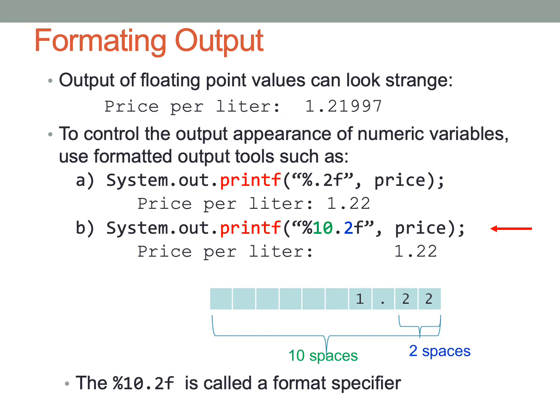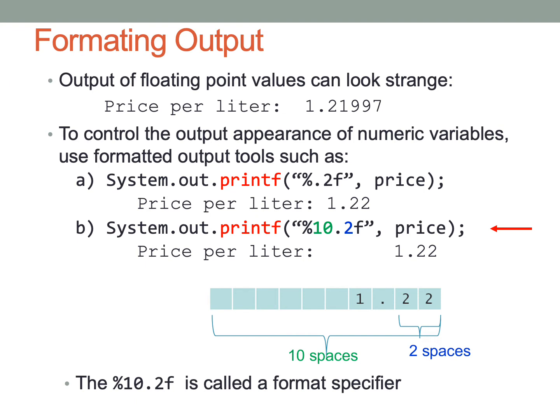You can also define the spaces that it should have by writing, for example, %10.2f, where 10 is the overall spaces as shown in the table. The 2 decimal points, including the numbers and the point, are included within the 10 spaces. So, %.2f from the value 1.21997 gives 1.22.